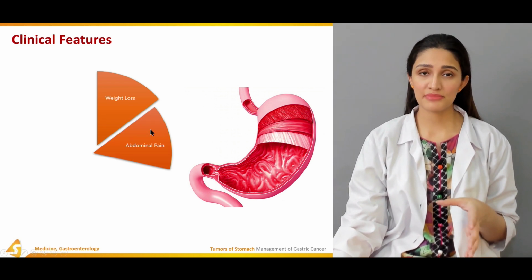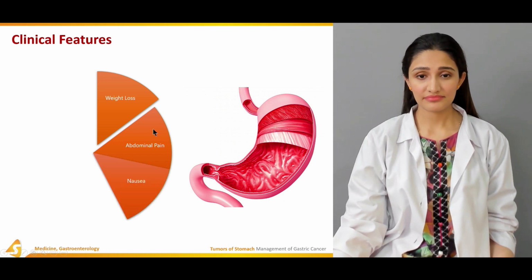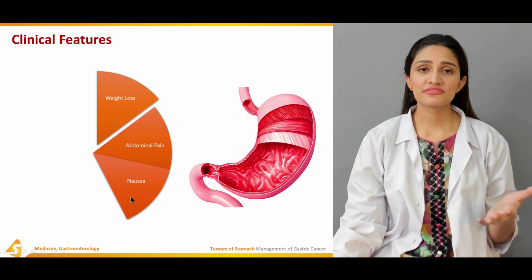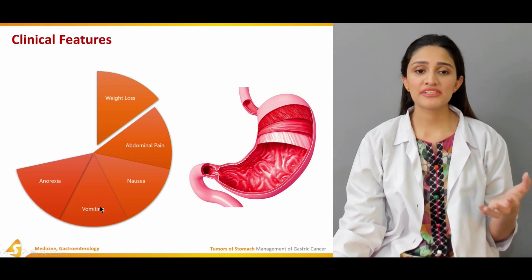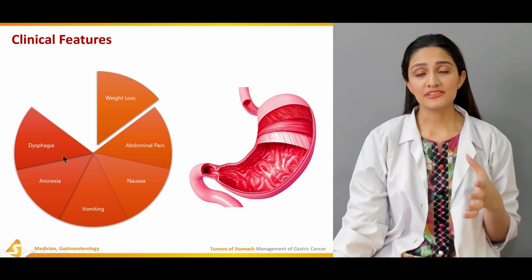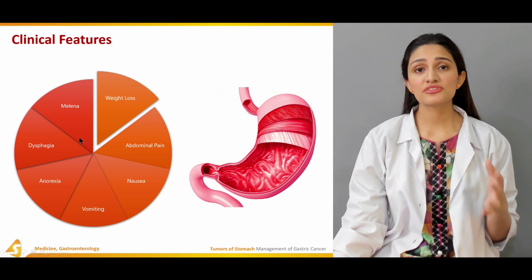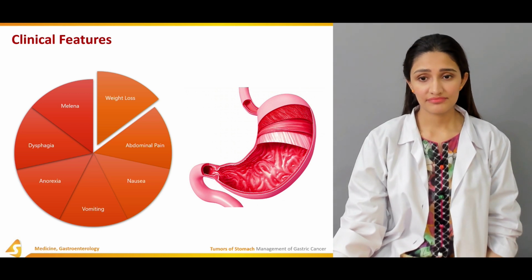Around 50% of patients with gastric cancer present with abdominal pain. Third being different clinical features such as nausea, vomiting, anorexia, and dysphagia, which is painful swallowing, and lastly melena. Melena is the presence of blood within the stool.